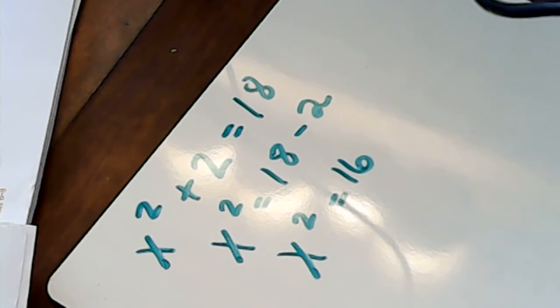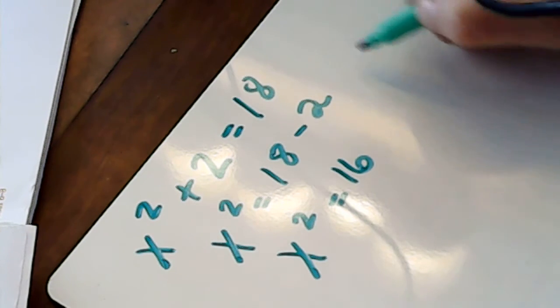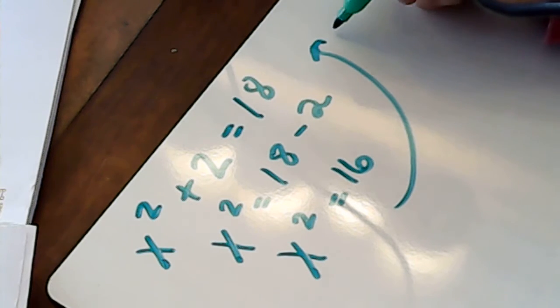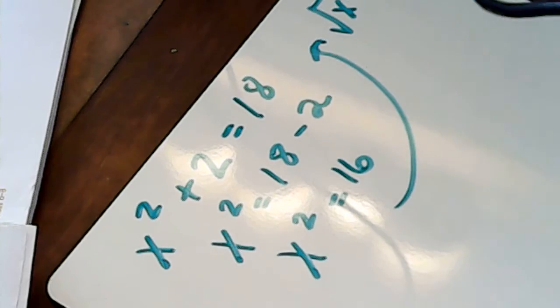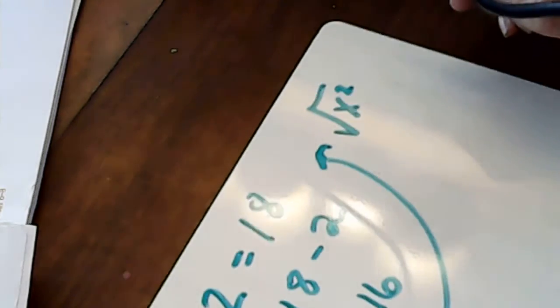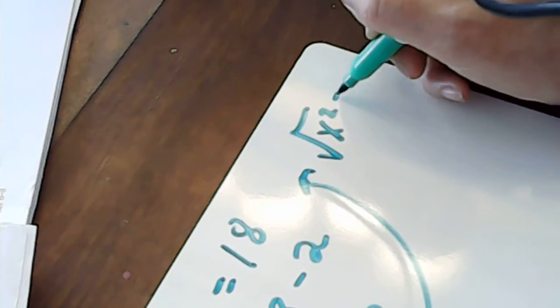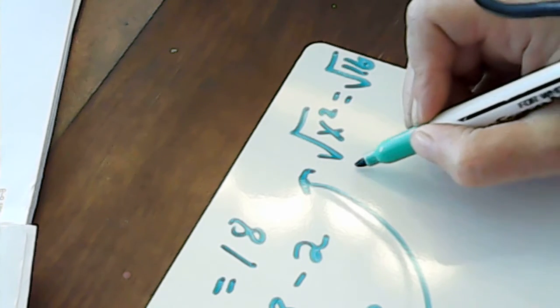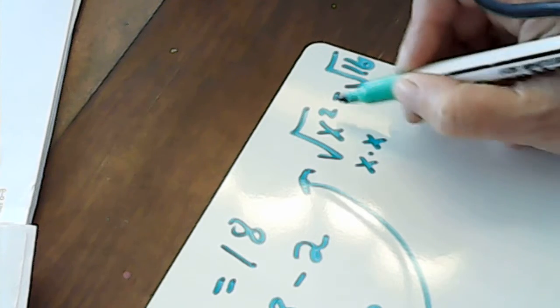Well, I can already see, can't you? What number squared equals 16? But I'm going to go through my process here. I'm looking for the square root of x squared, and that's going to equal the square root of 16. I'm going to find both of those. I know the square root of x squared is x.